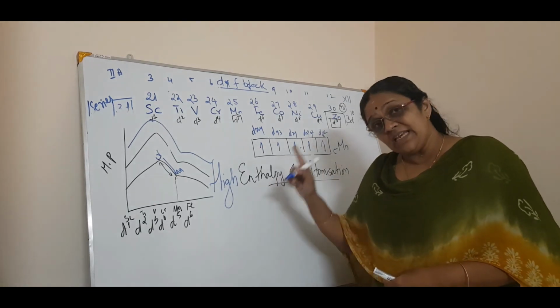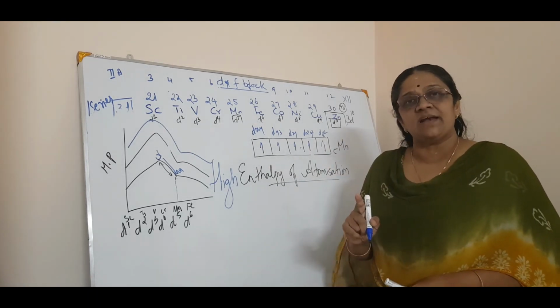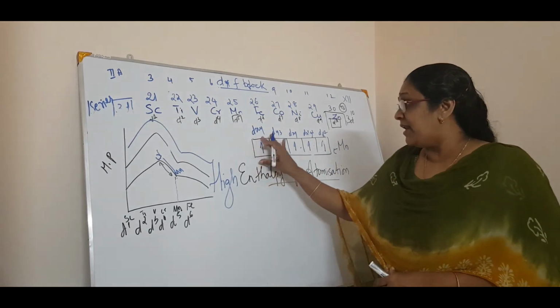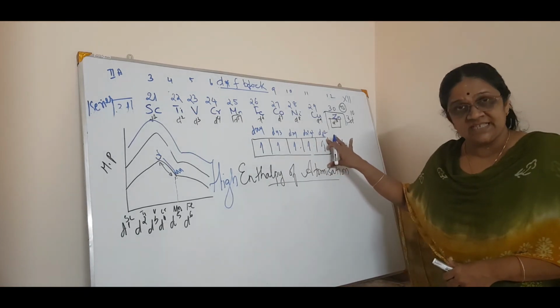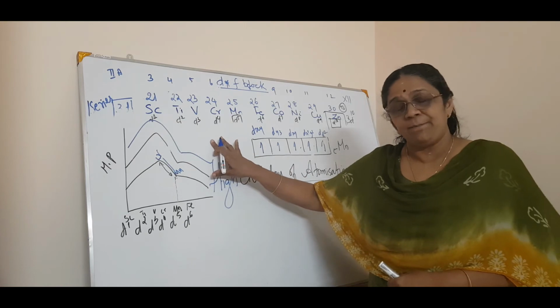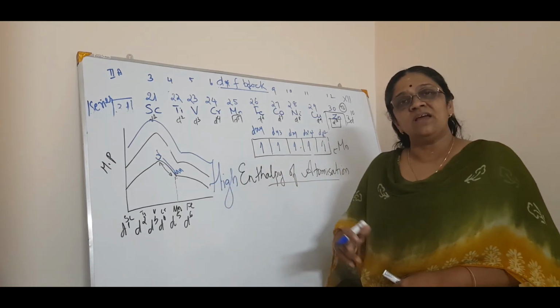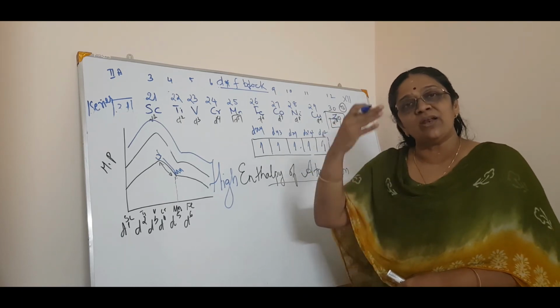Again, the reason for this high enthalpy of atomization is the same. What is the reason? The number of unpaired electrons is greater, and also high MP and BP, and also high metallic bonding. So all these have the same value points.